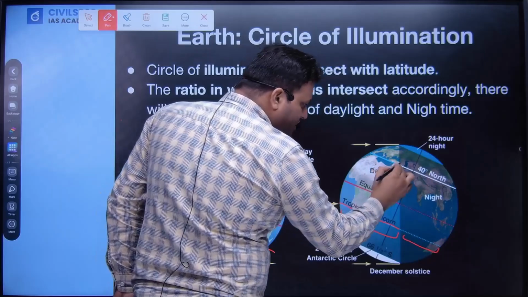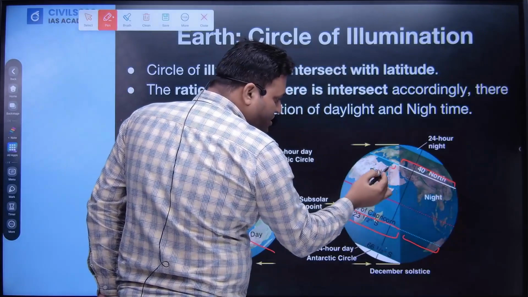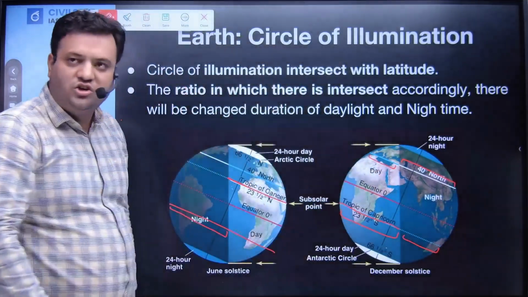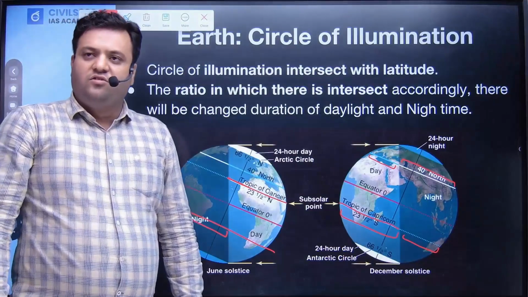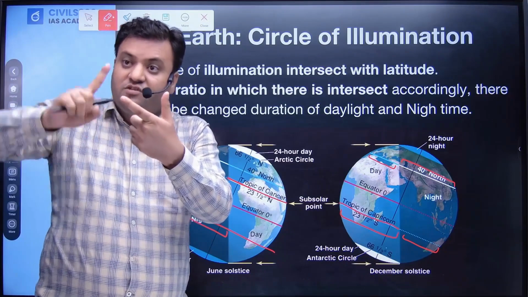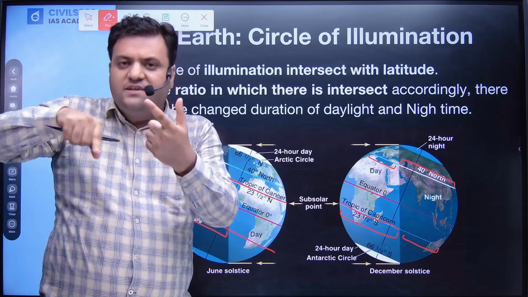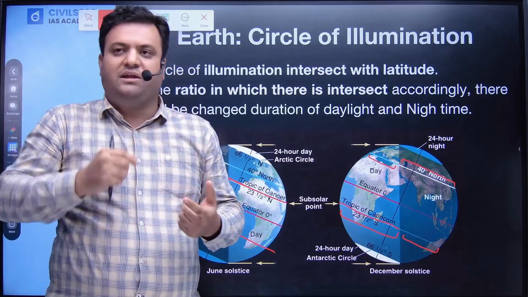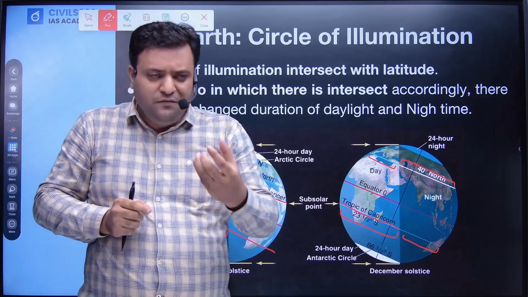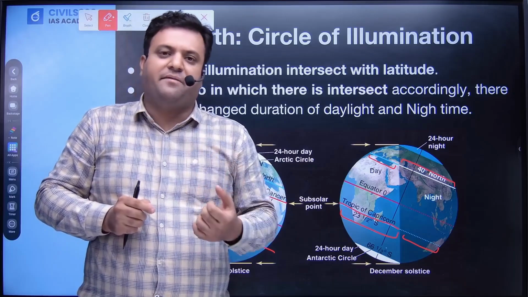Similarly here, the duration of night will be longer as compared to the duration of day, which will be shorter. So it's because of the circle of illumination, it's because of the tilt, it's because of the latitude that we have a difference in terms of variability, a difference in the duration of daylight and night time.